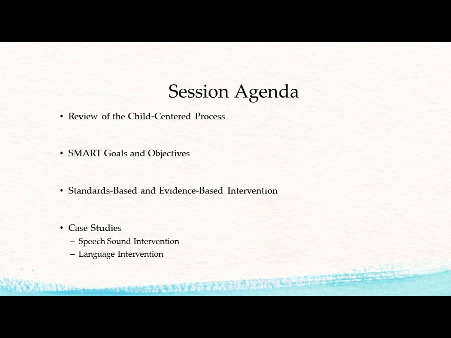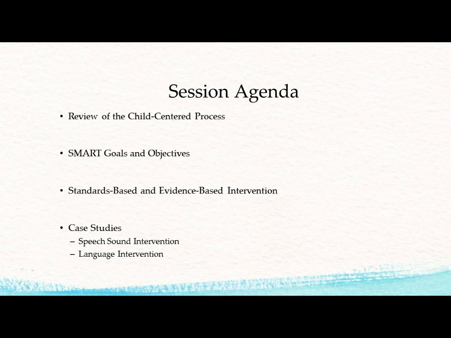Let's look at the session agenda. The desired outcome of this tutorial is to provide the context and rationale for both the goals or objectives and the interventions that are available for you in Review 360 for SLPs. We will look at the child-centered process outlined in IDEA, the Federal Special Education Law, and then move quickly through SMART goals for standards-based IEPs.